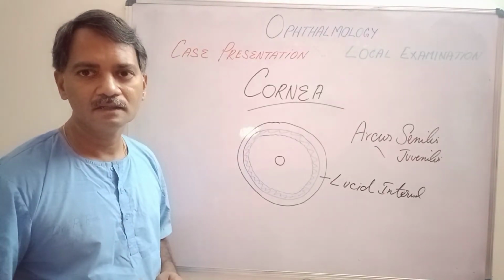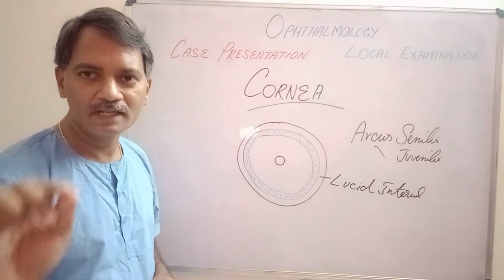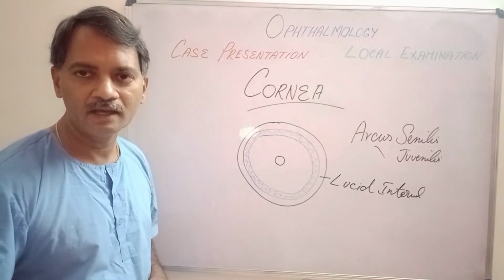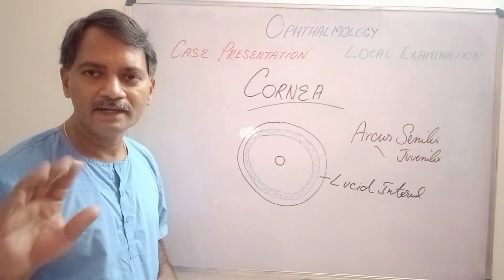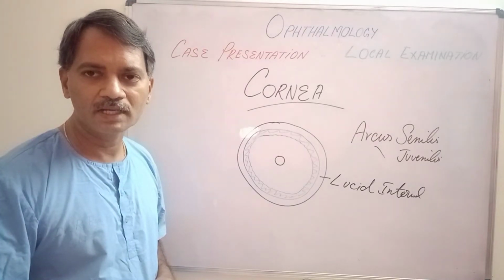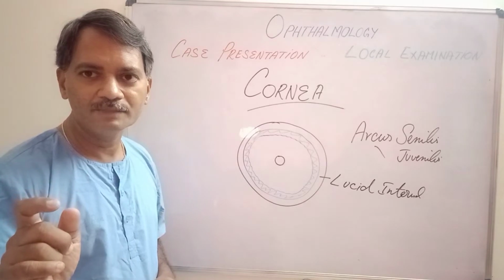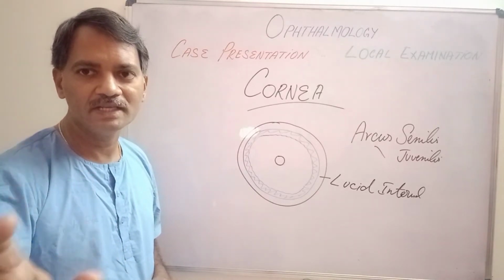It will be irregular. So, arcus senilis or juvenilis is an opacity in the periphery of the cornea which is circular in shape, white in color, and it has a well-defined outer border and ill-defined inner border. It is separated from the limbus by a clear zone of cornea that is called the lucid interval.